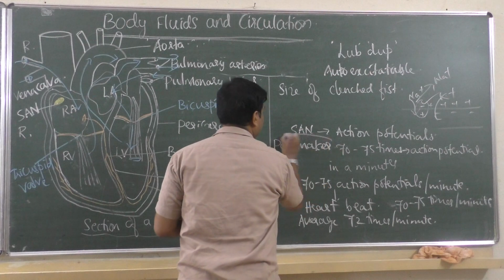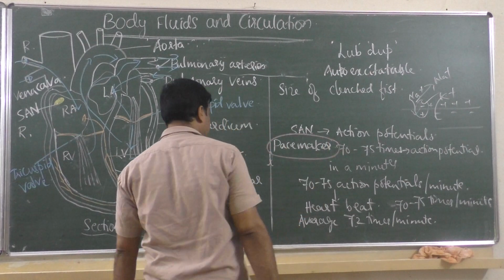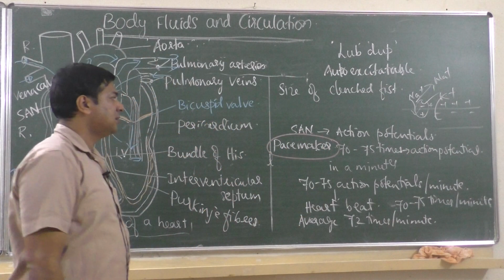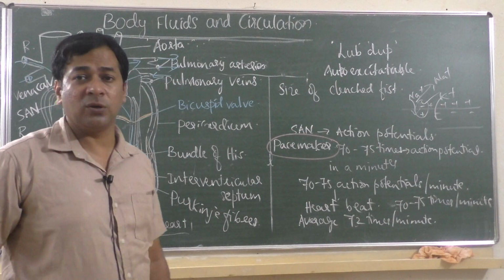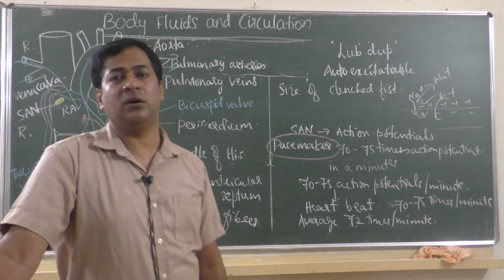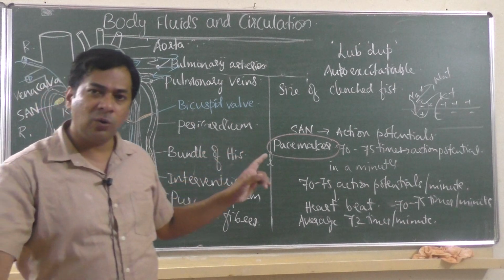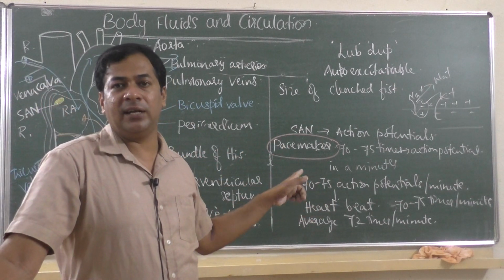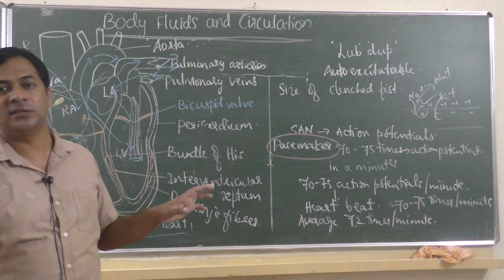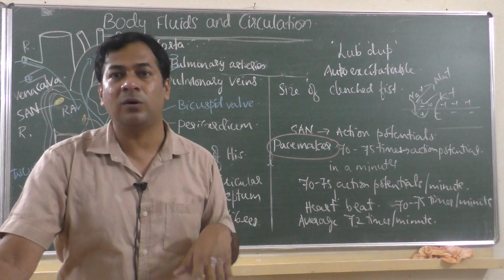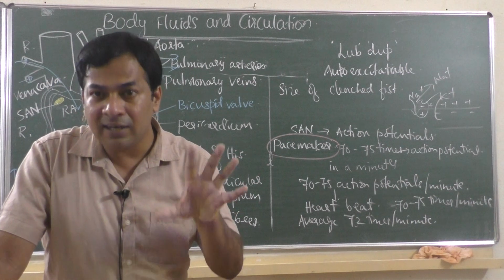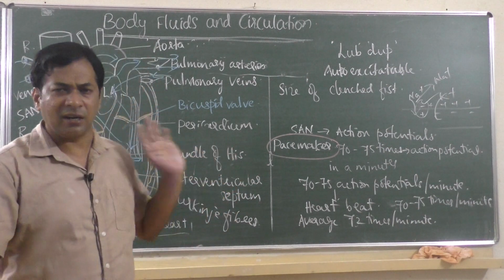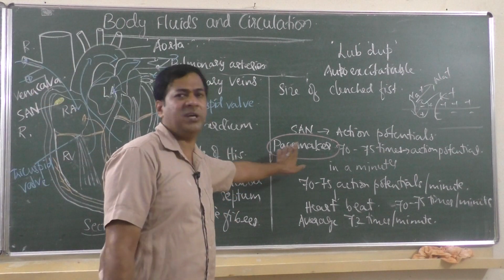Important. They will ask you for 1 mark, why is the sinoatrial node called the pacemaker? Because the sinoatrial node controls the heartbeat, or you can also say it controls the rhythmic contraction and relaxation of the heart. Thereby it controls the heartbeat. That is why it is called the pacemaker.